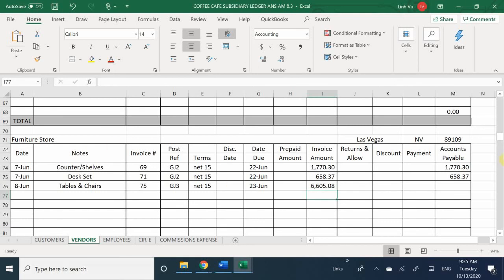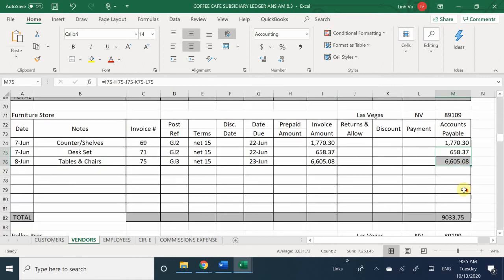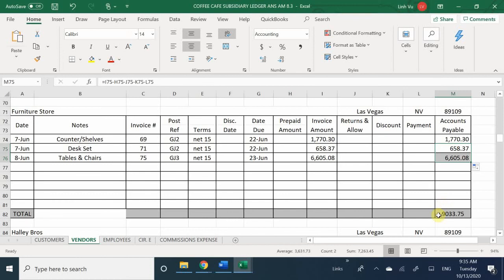So therefore, if I were to drag down my formula here, it should tell me that I owe 66,508, bringing me to a grand total of owing a total of $9,033.75.